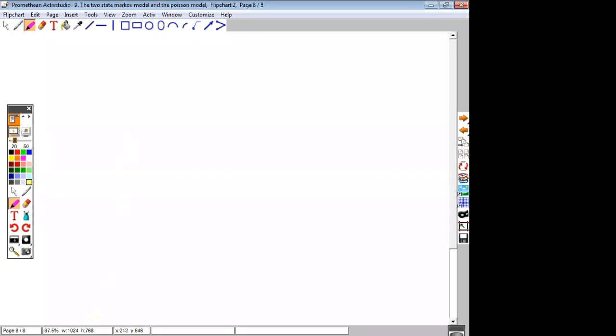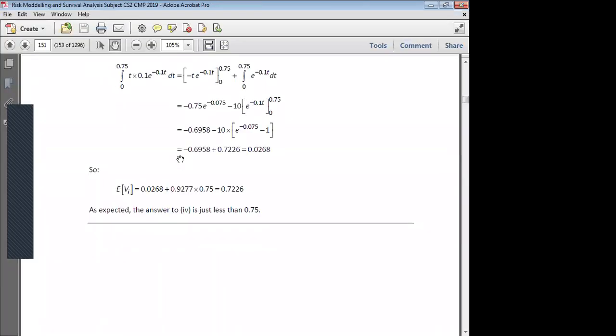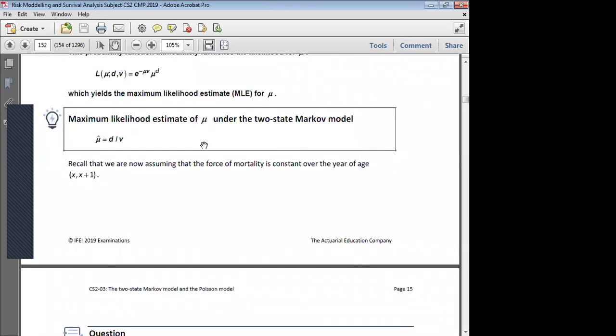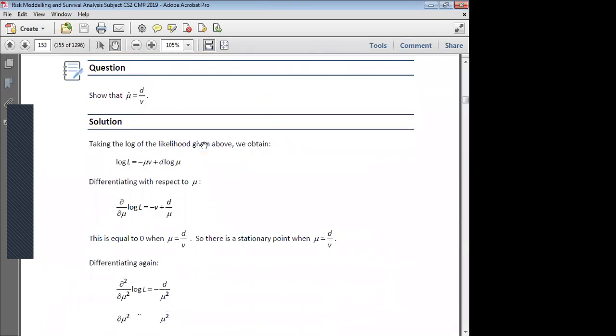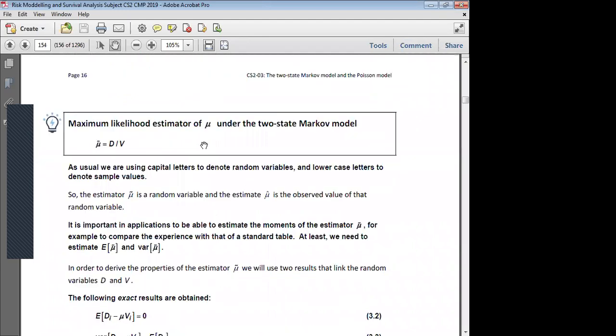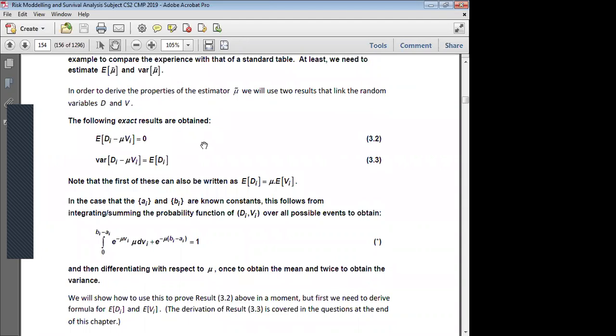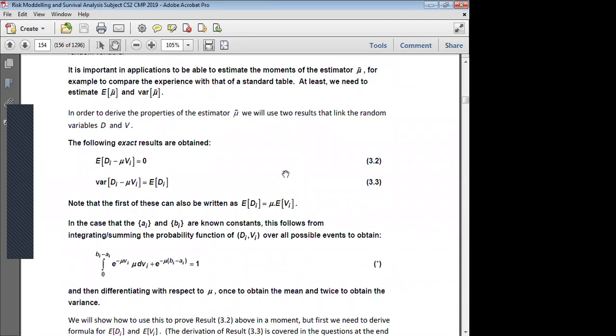So what I want to do is just take you guys through this thing. There are some results which will help you to do just that.